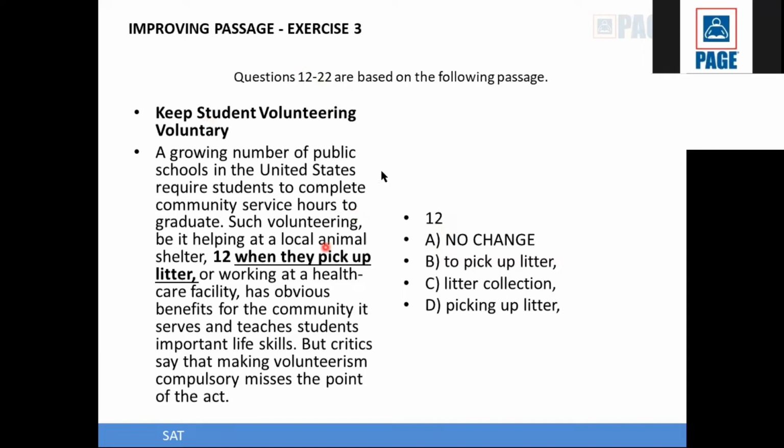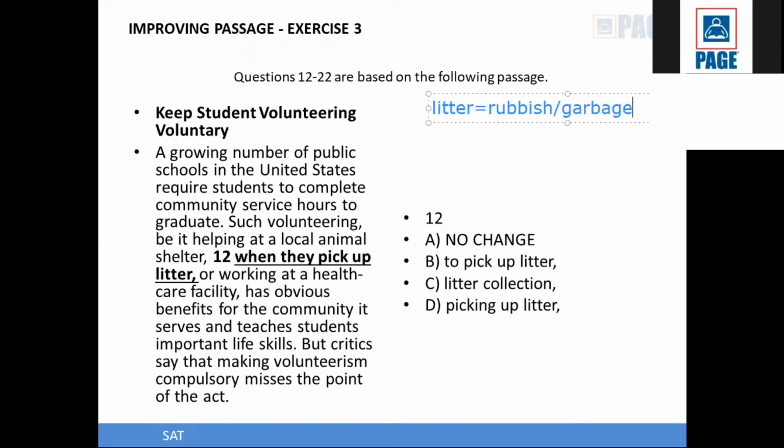For the 12th question, we already know that if they give a question like this with no question shown, don't worry, go to the number. 12. When they pick up a litter, you know the meaning. Litter has many meanings. Litter can be any kind of rubbish or garbage.